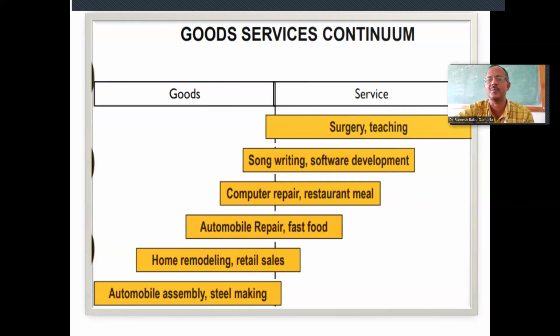So there are little goods components, little spare parts, maybe a few injections or syringes, little saline water drips, little medicine, etc. may be used. So 5 to 10% will be goods component, and more than 90% is service component. This is the same for training and teaching institutes also.